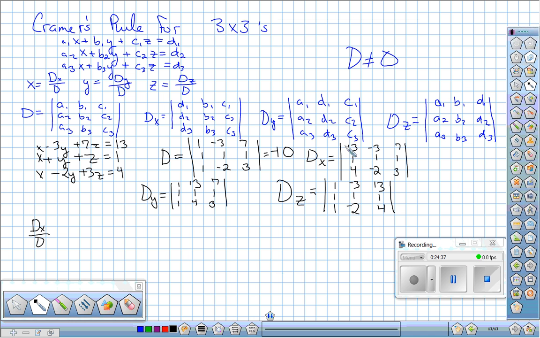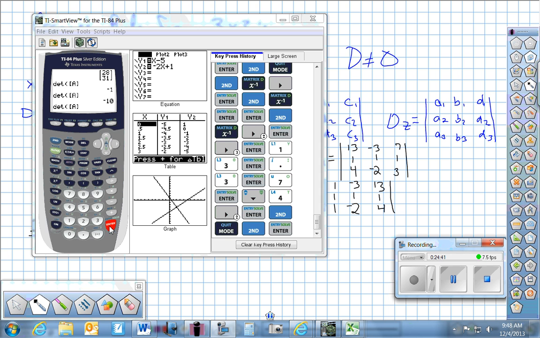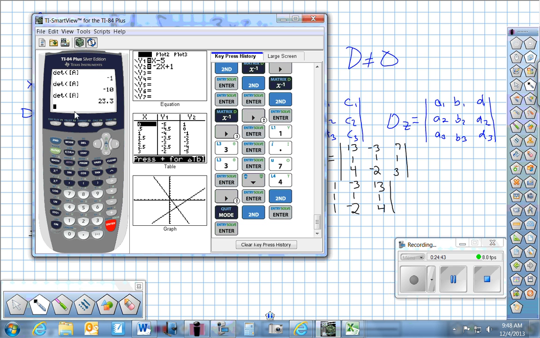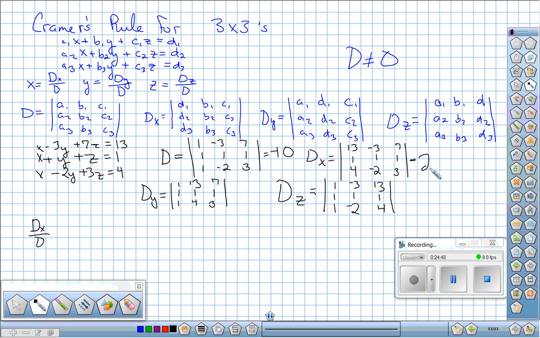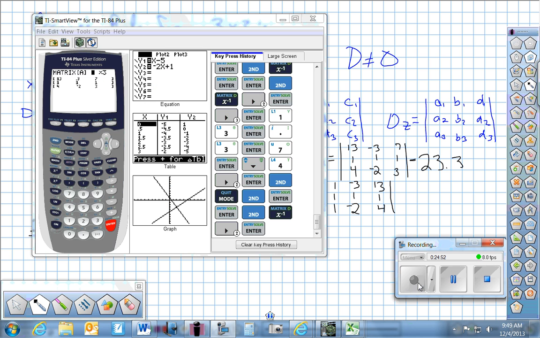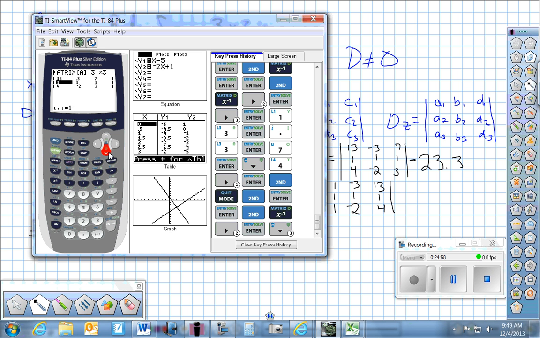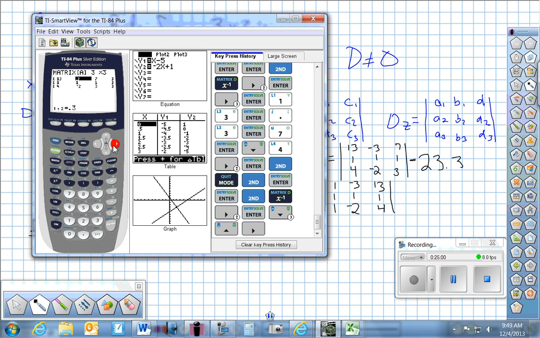Now I'm going to go in and type matrix Dx in there. Okay, and then I retyped a new matrix into matrix A, and I got 23.3. Just because I think that's a weird number to get, I went back into my matrix menu, and if I go down, I actually see right here, I have a 0.3, not a -3.